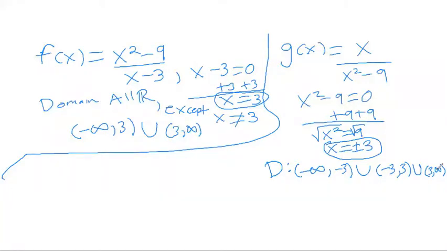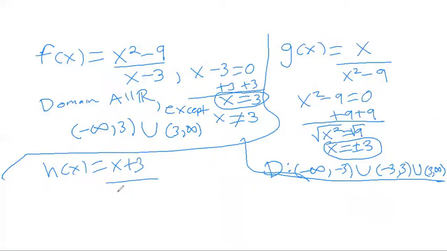And now we'll do one more example. Say I have h of x equals x plus 3 over x squared plus 9. Well, I set the denominator equal to 0 and solve for x. I get x squared equals negative 9.